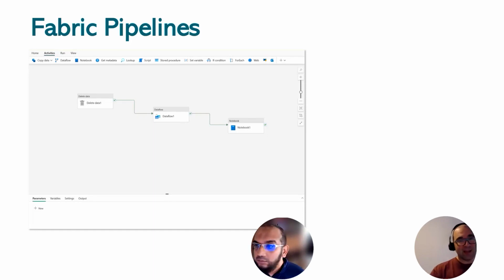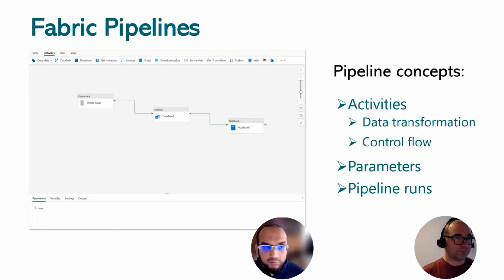So a pipeline enables you to orchestrate all of these things, to define what happens when, and depending on the outcome of a certain step, what should come next. As I said, the main concepts within Fabric pipelines are activities. And within activities, we have two different concepts, data transformation and control flow.